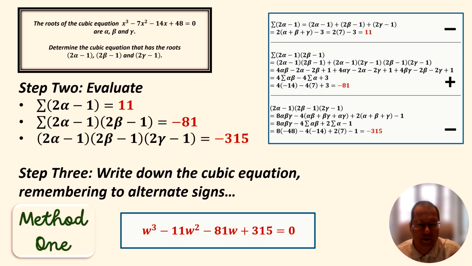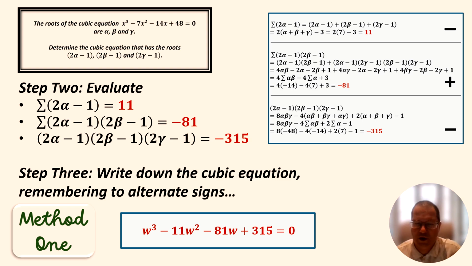And then for step 3, our final step, we're going to write down the actual answer, the cubic equation, but remembering to alternate signs, because as we know, sigma alpha is given by minus b over a, the pair sum is given by c over a, the product is given by minus d over a, and that's why I wrote minus plus minus when we were looking at these sums, to remind us that we're going to have to alternate the signs.